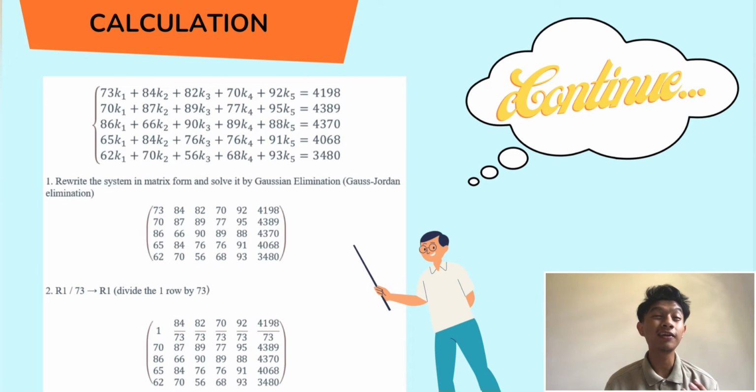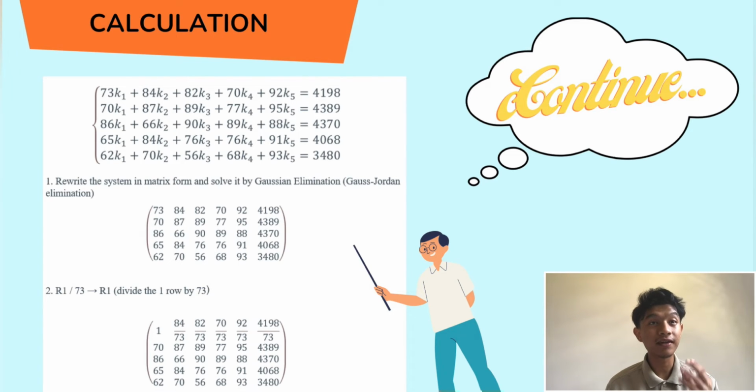Now I will proceed with the presentation about the calculation of our project. Based on the data that we have collected, we rewrite the system in matrix form and solve it by the Gaussian elimination method in order to find the density of the road for 5 periods of time, which are morning, afternoon, evening, night, and late night. After we rewrite the system in matrix form, we divide the first row by 73. Why?